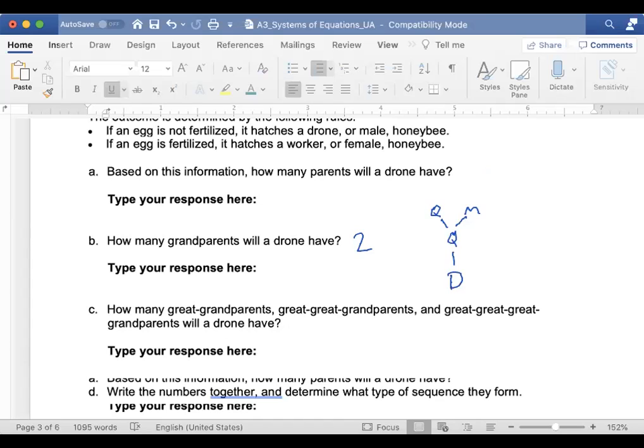Oh, I gotta put my pen back on. This is parent, this is grandparent. So the next line is going to be great-grandparent and then great-great-great. Okay, so great-grandparent is this, great-great-great-grandparent is this.